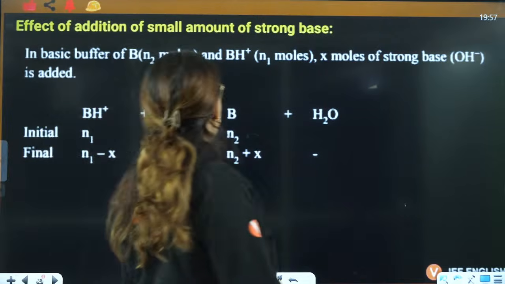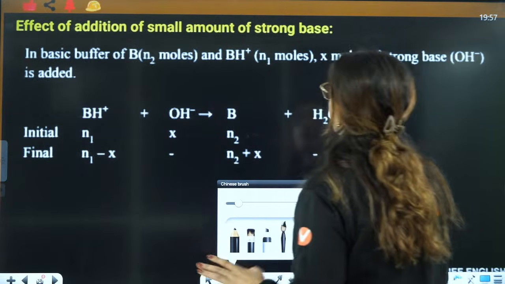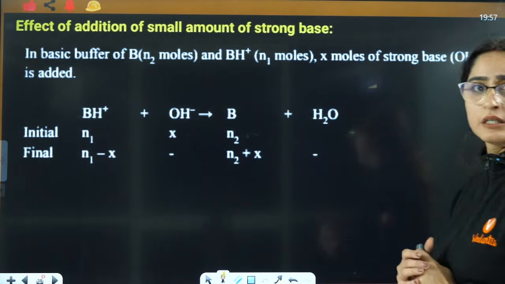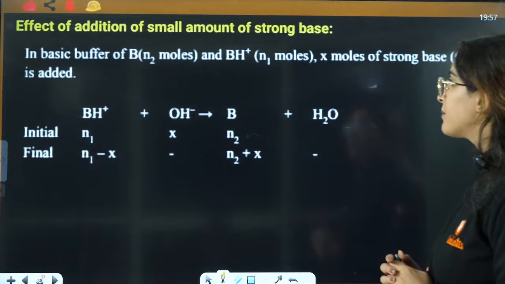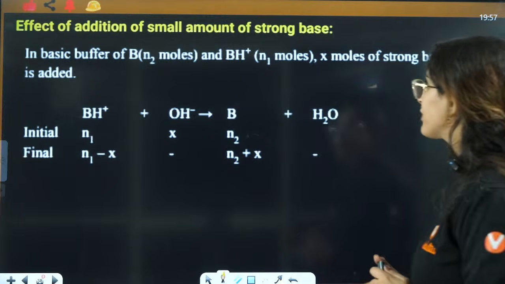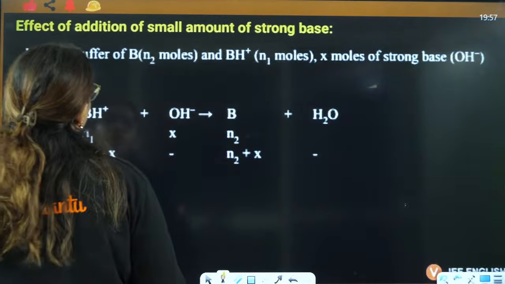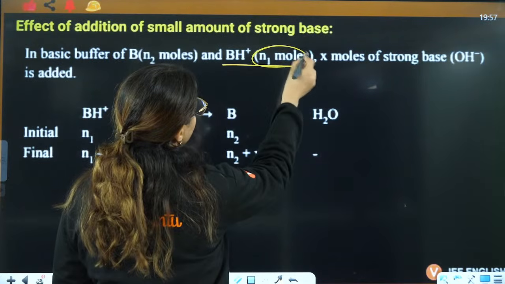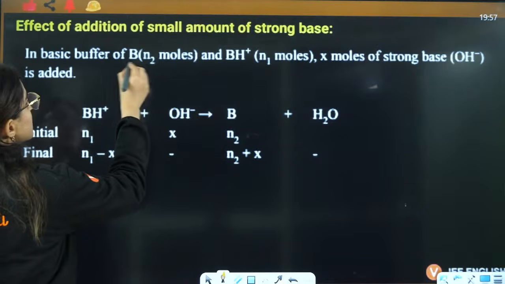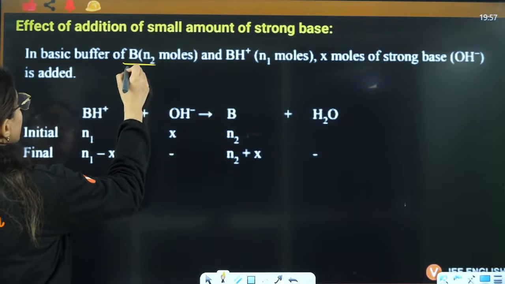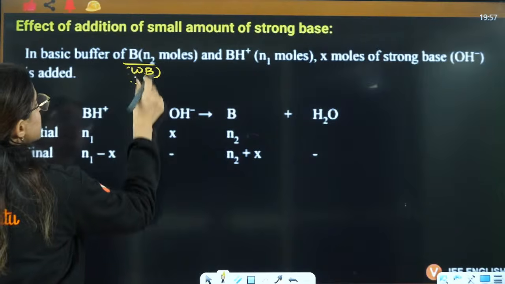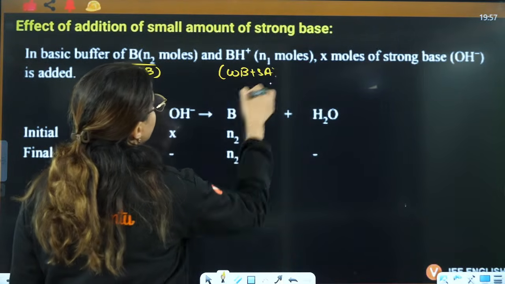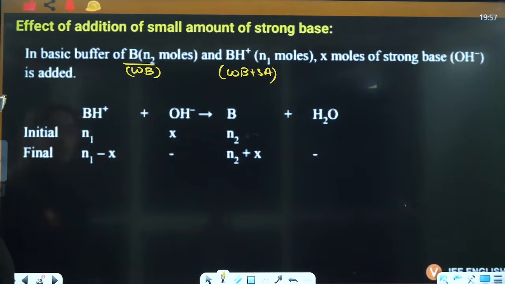Similarly, when you have addition of strong base in a basic buffer, right? In a basic buffer, B and BH positive are already there, that is N1 amount of BH positive. So this is a weak base with a strong acid salt buffer, right?